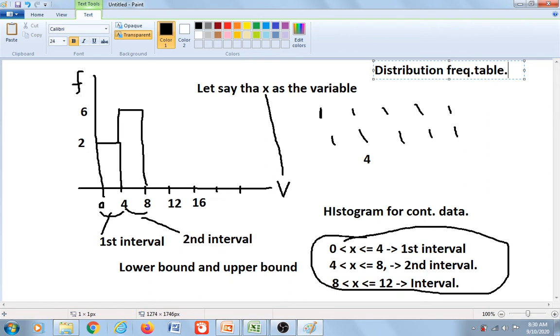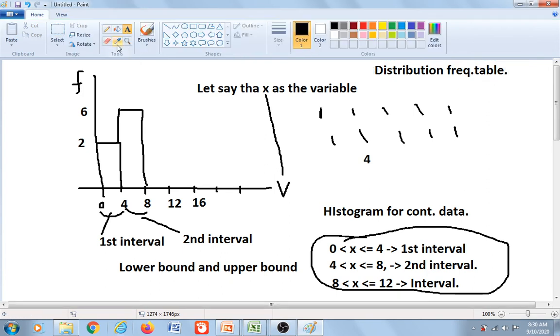And then based on the table we develop the histogram, the graph or the picture for the histogram.